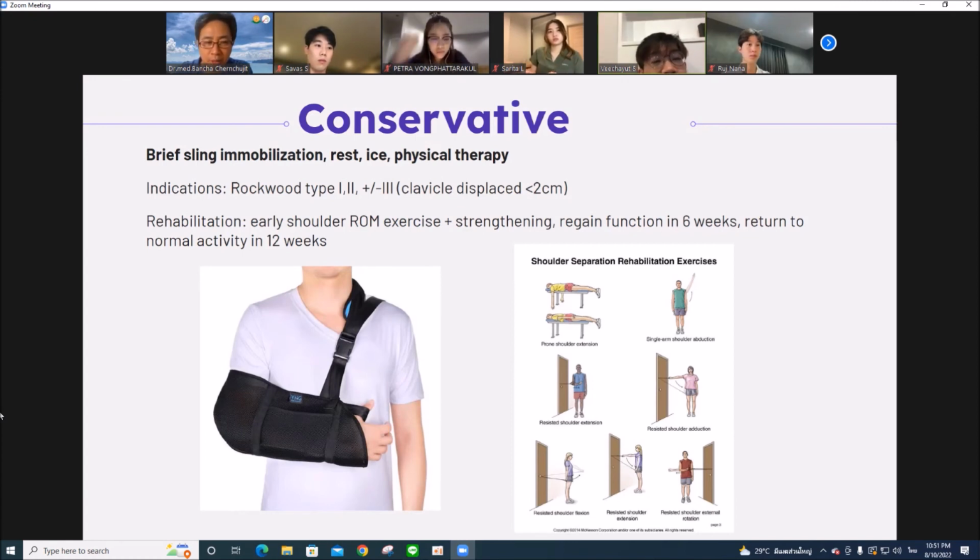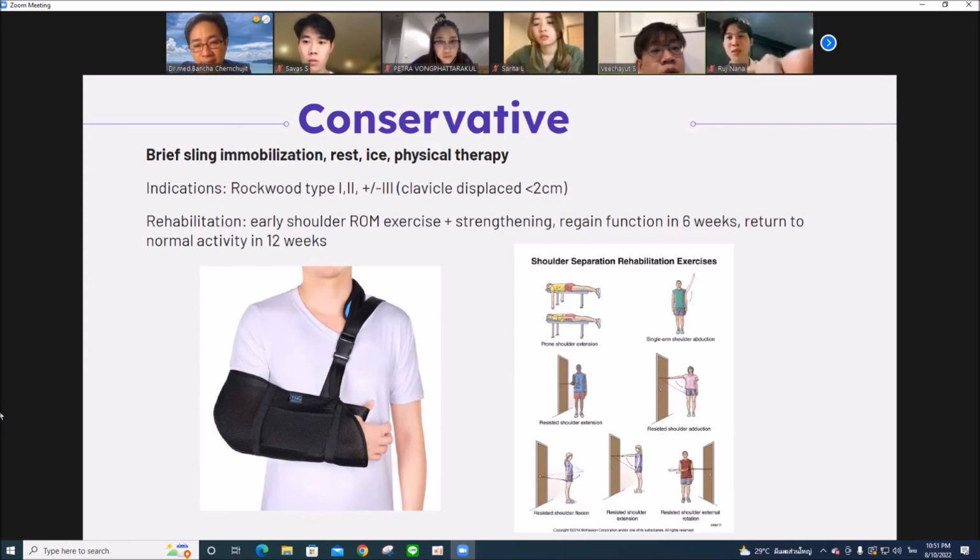Will you try to reduce the AC joint, even in grade 3? Can this arm sling reduce the AC joint? I think no. Why not? It just immobilizes the joint.